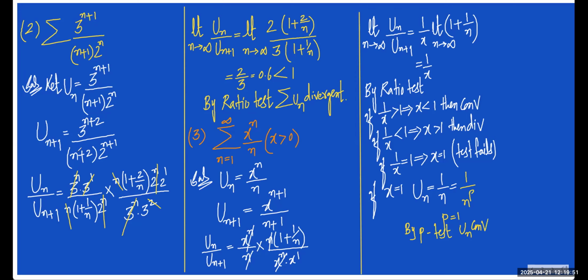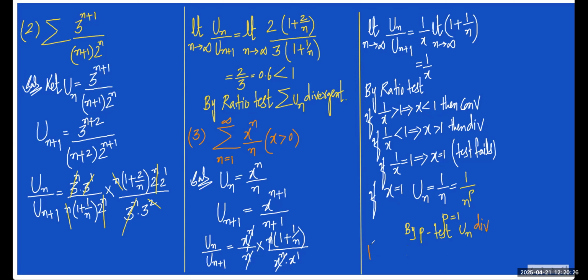So finally we merge these two statements. Hence given series convergent when x is less than 1. But at x equal to 1 it is divergent. Sorry, by p test, it is divergent.